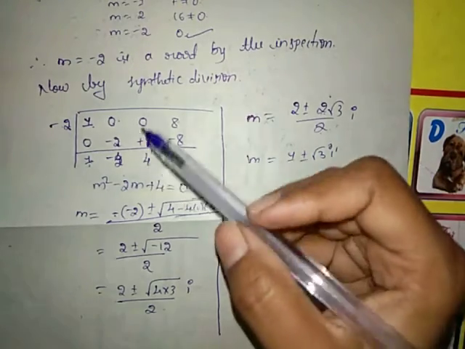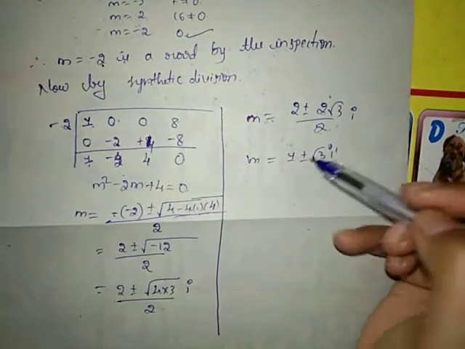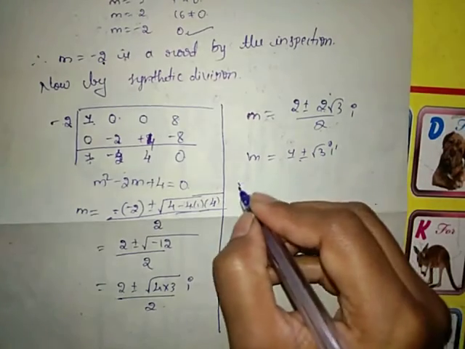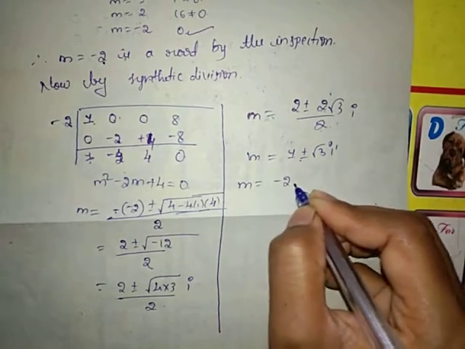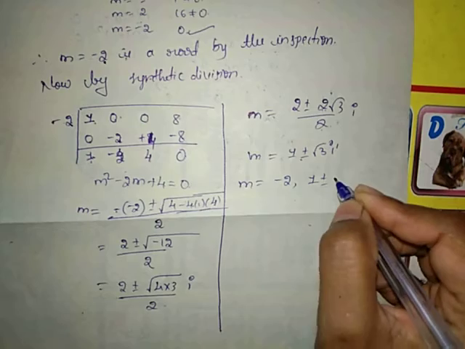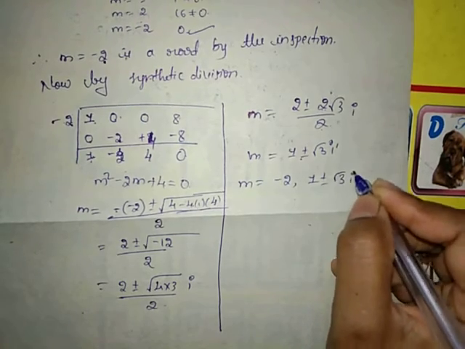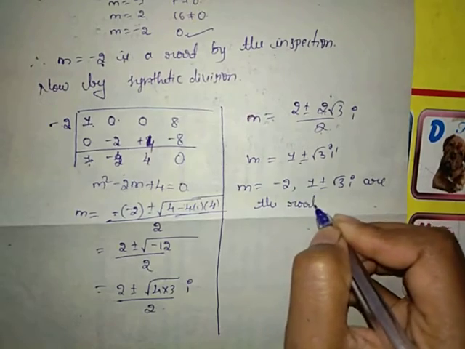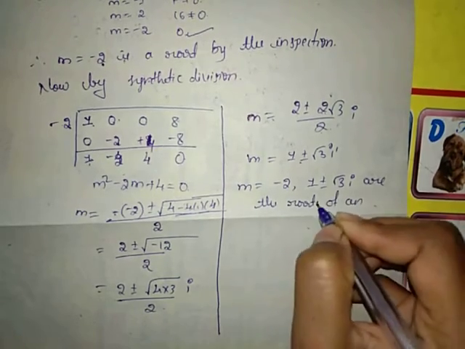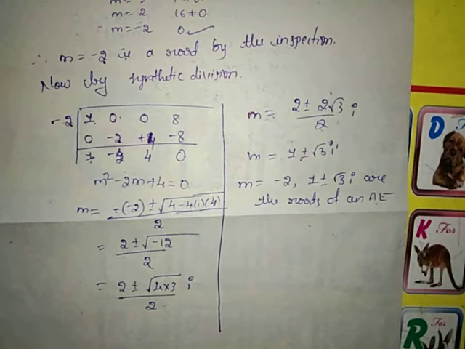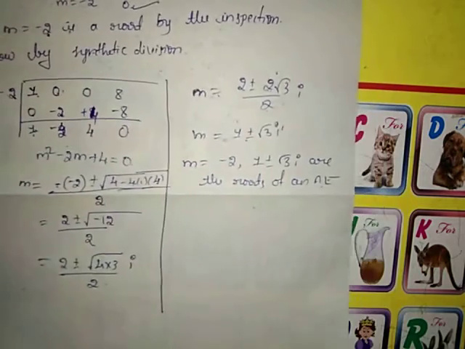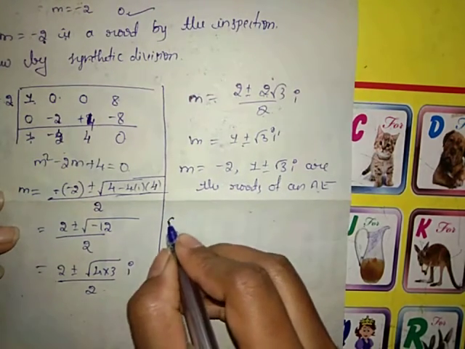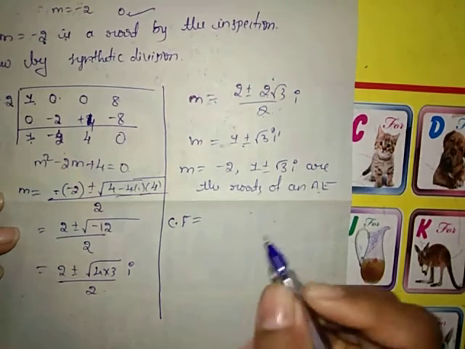So totally we have the roots m equal to minus 2, m equal to 1 plus or minus root 3 i. So m equal to minus 2, 1 plus or minus root 3 i are the roots of the auxiliary equation. Now using these roots, we write down the complementary function.